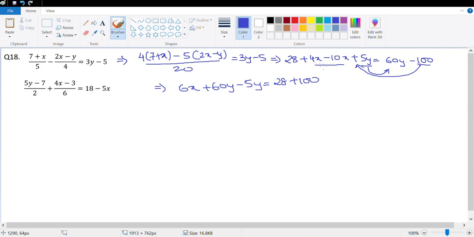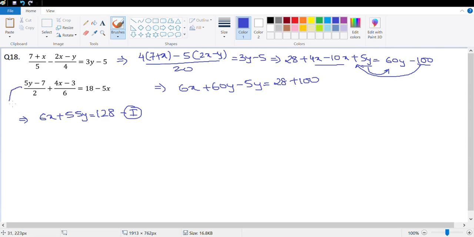Let's reconfirm: 4x minus 10x is negative 6x. When it goes on this side it becomes 6x, and 60y minus 5y is also correct, and 28 plus 100. So our first equation becomes 6x plus 55y is equal to 128. Correct.